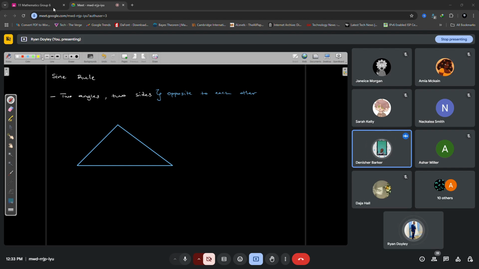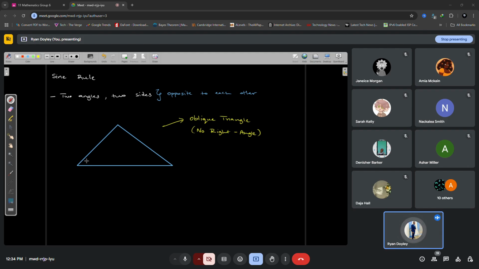I'll take your silence as a no. So these are referred to as oblique triangles. So no right angles. All right, so this is a quick recap before we move on to the cosine rule.